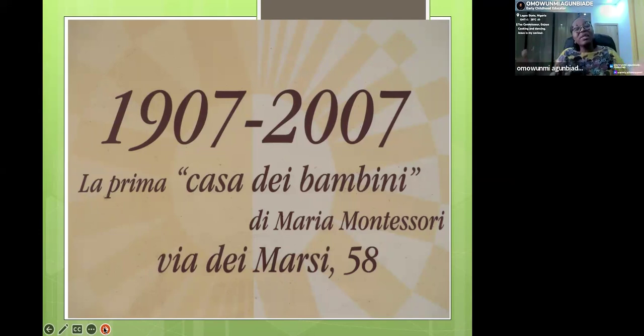And of course, her success story, the fact that she could work on those special needs children and get them to sit for the same examination with normal children. Not only were they able to do it, but they did much better than those children. And that system of education just took over the whole of Europe, and of course, even outside Europe. All right, that's our first slide.